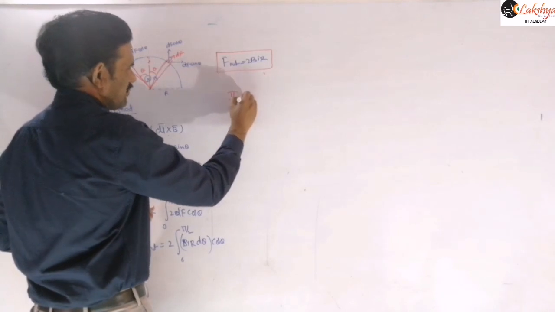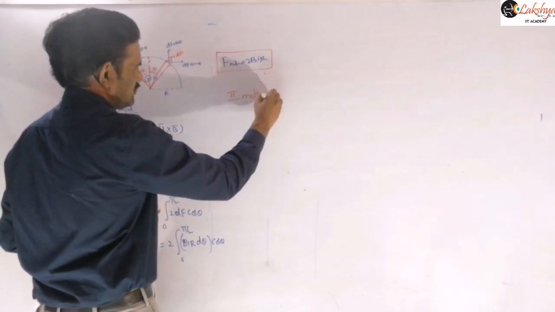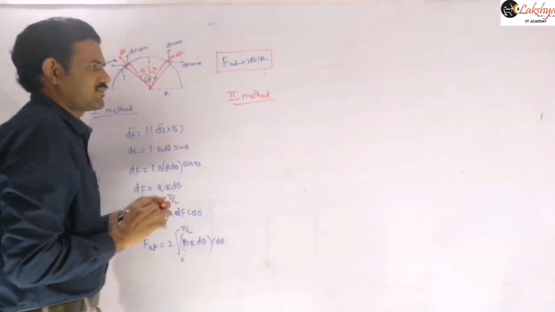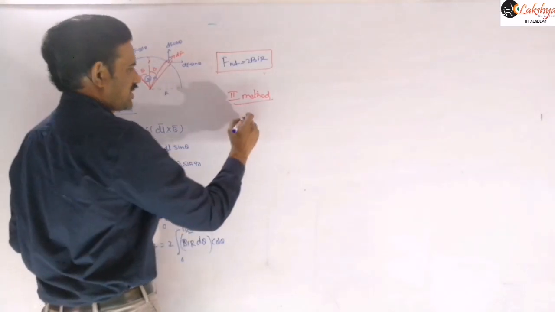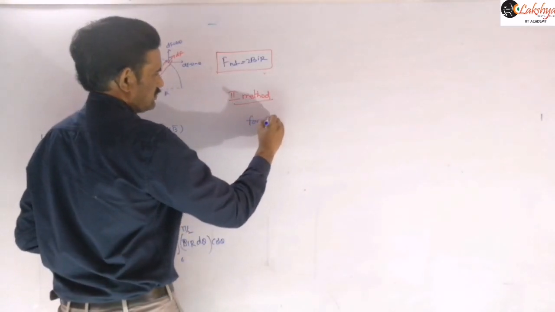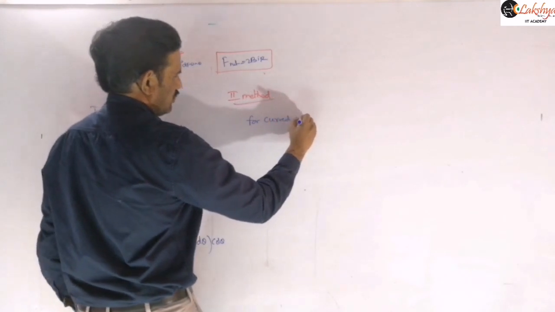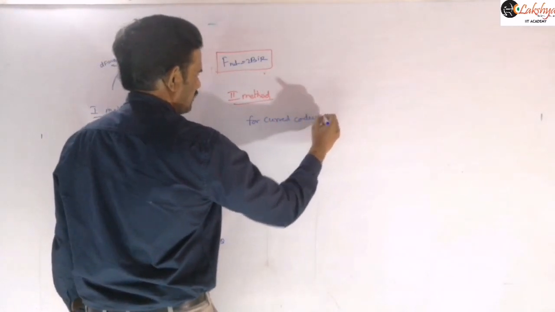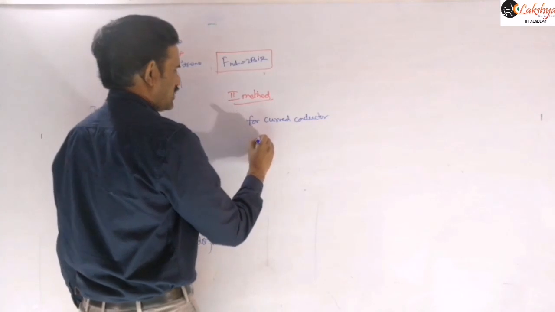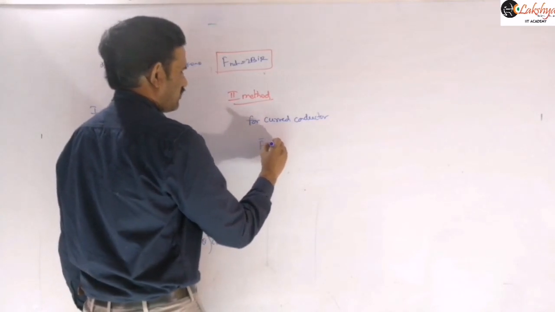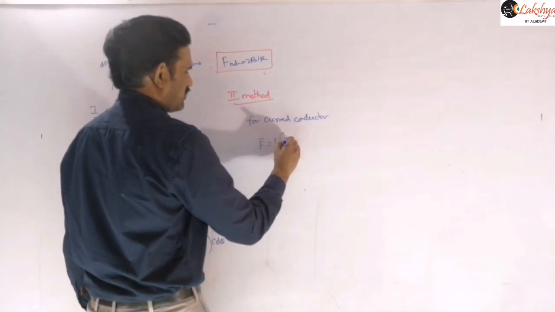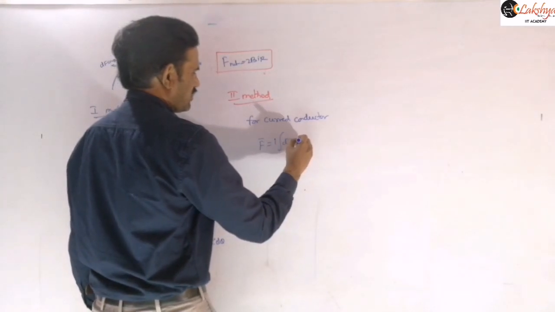Now let us see our second method, which is for curved conductors. We already know that F bar is equal to the integral of I dl bar cross B bar.